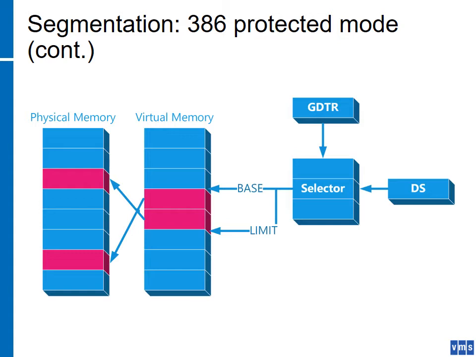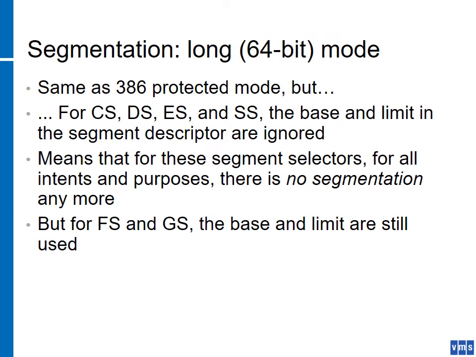So if you access something through the DS segment, and the DS points to this selector, address 0 now lives here, rather than 0 all the way at the beginning of virtual memory. So this can get a bit confusing.